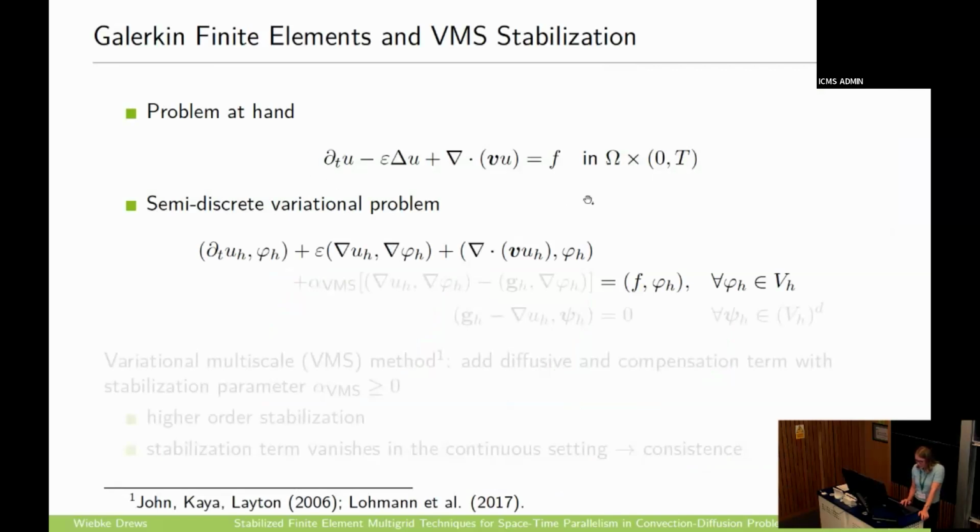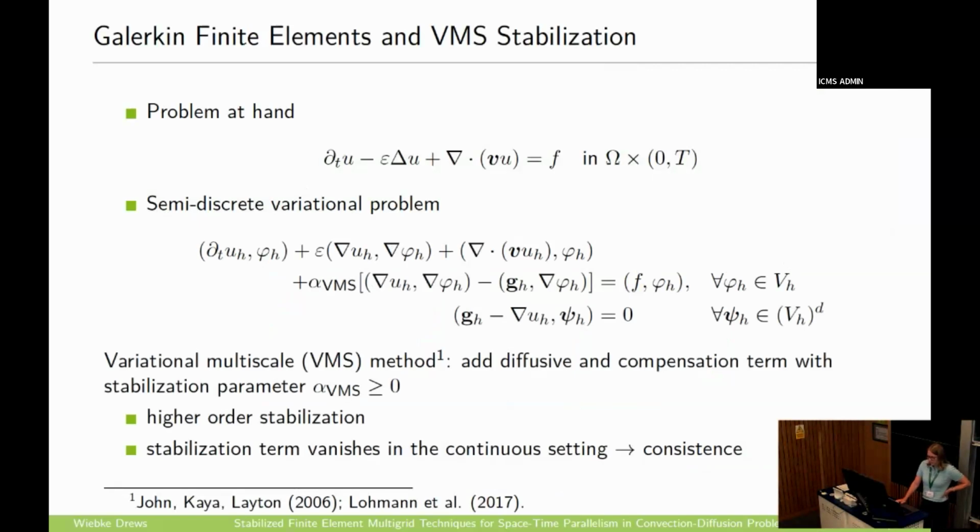This is the problem. We use Galerkin finite elements at this point, and have the semi-discrete variational problem here. And the stabilization we use is a variational multi-scale stabilization.